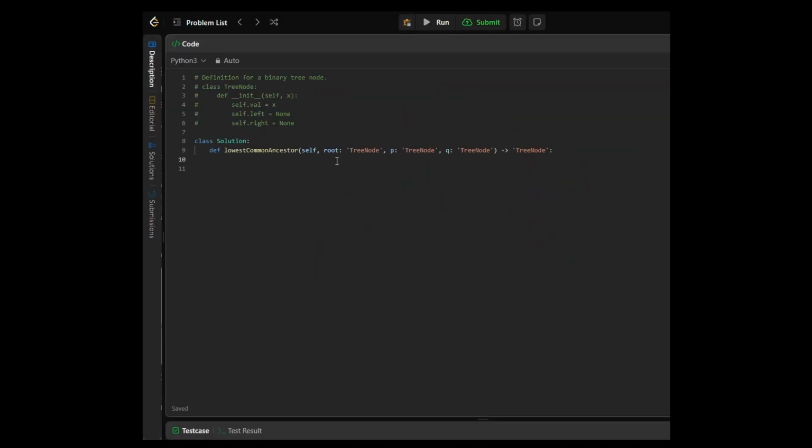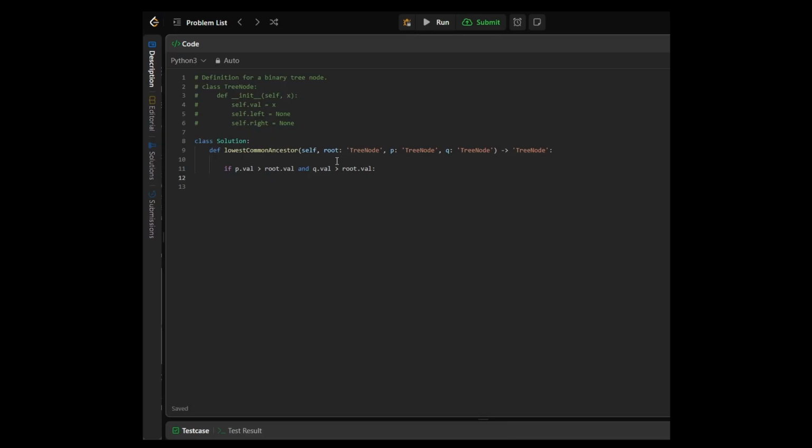So we are in the code editor. The first step, we need to reject the part of the subtree where P and Q do not exist. For that, I can write a condition: if P dot value is greater than root dot value and at the same time Q dot value is greater than root dot value, I can safely reject the left side of the subtree and only select the right side.